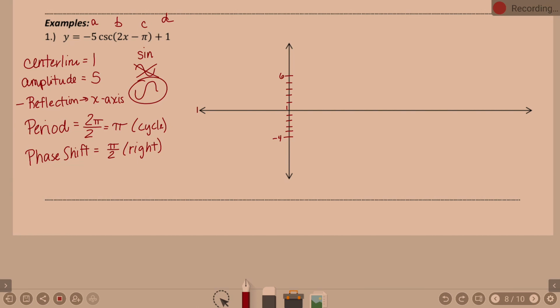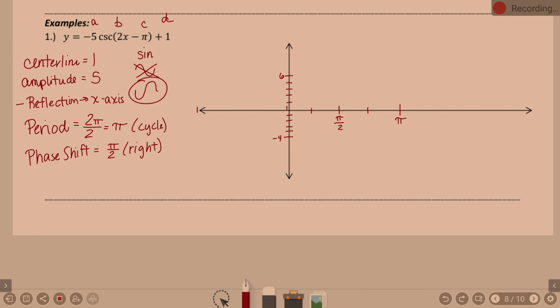Okay. We have a period of pi, yes? So, I'm going to put a pi on my number line. That pi, just like what we've been doing, needs to be broken into fourths. So, the middle of 0 and pi is pi over 2.